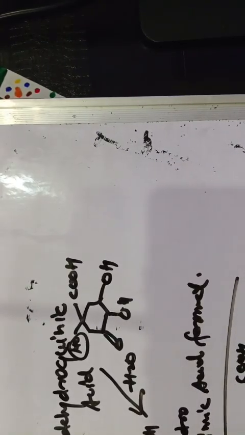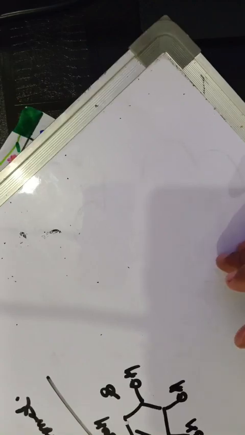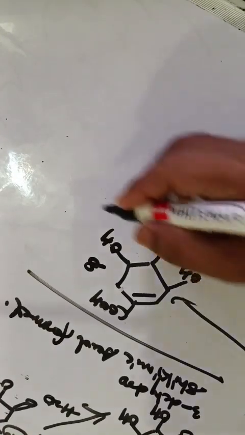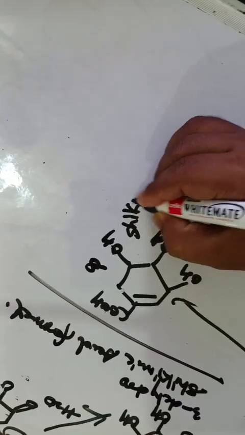That is the shikimic acid is formed from 3-dehydroshikimic acid.